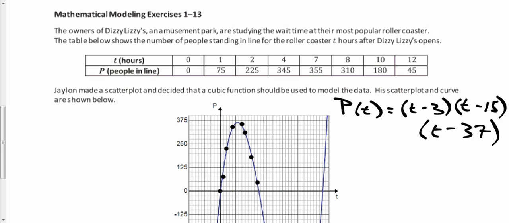But is a cubic the only thing that would be a good model for this? Who thinks there's something else that they could do? What do you think, Liv?